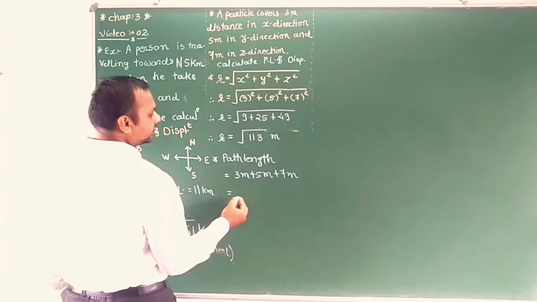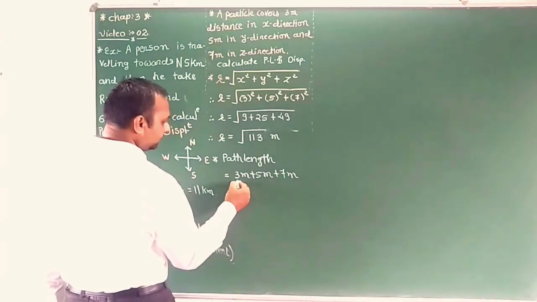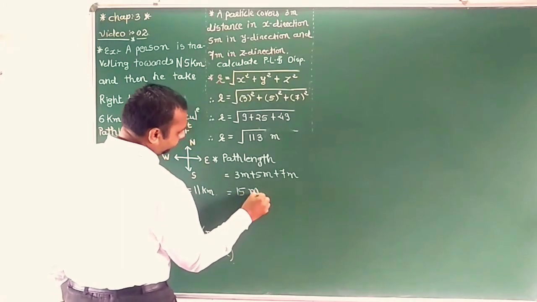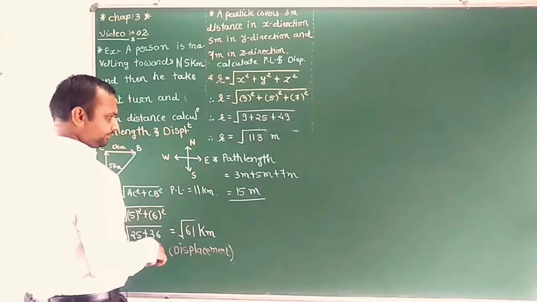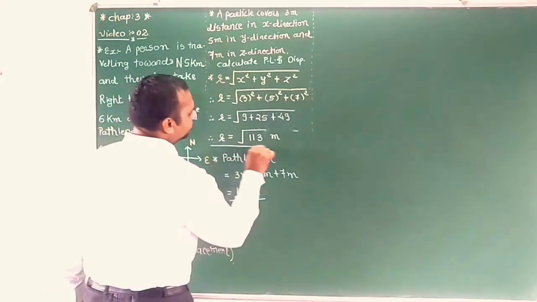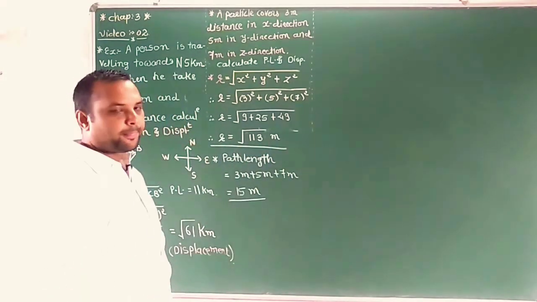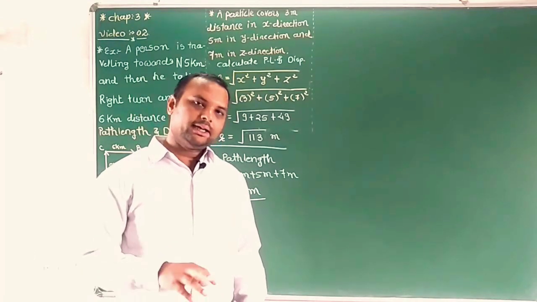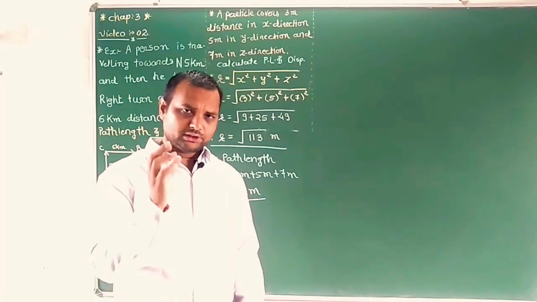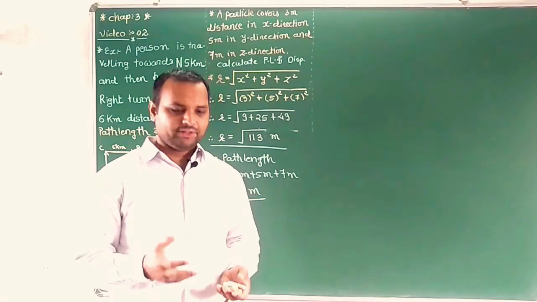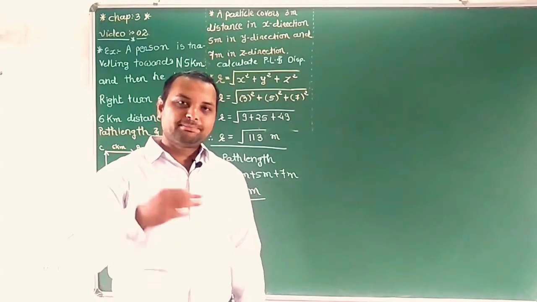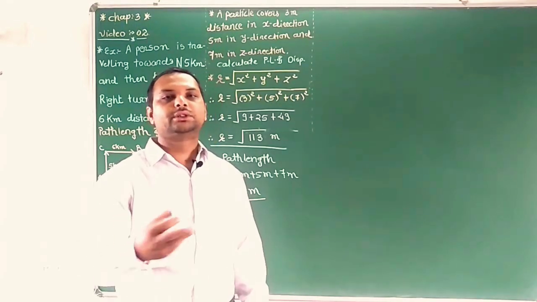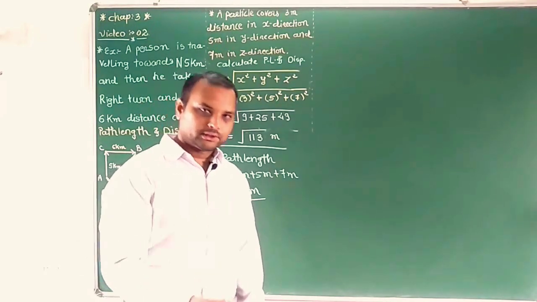That is quite simple. 15 meter is the path length and this is the displacement. So here we have seen the concept of path length and displacement. This is quite simple and mathematical. Step by step we will cover some critical numericals in the future. Right now we move further.